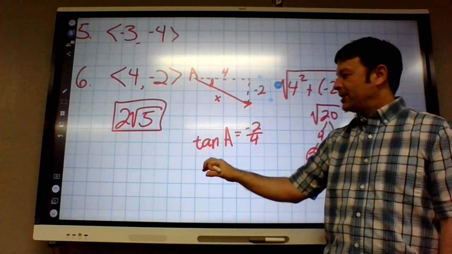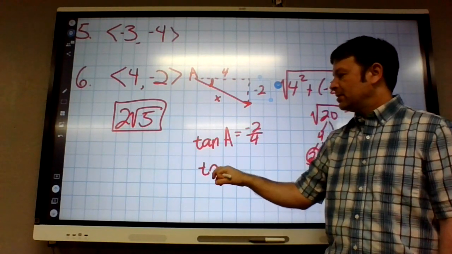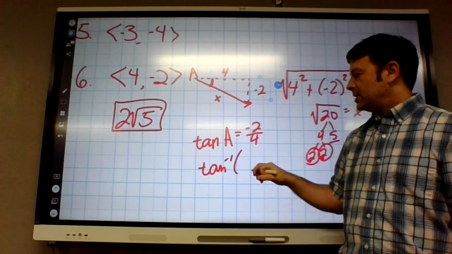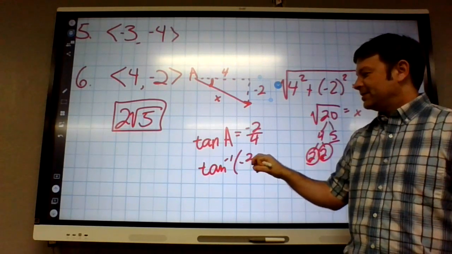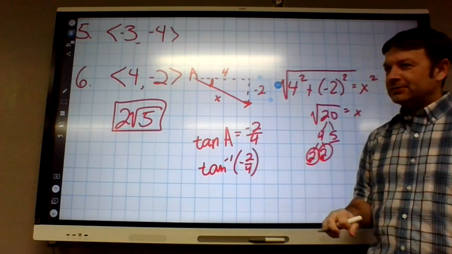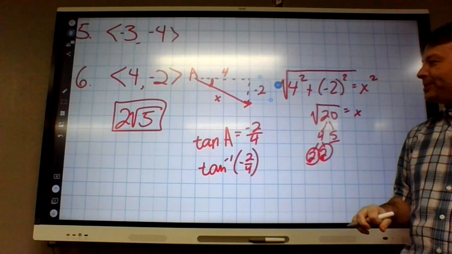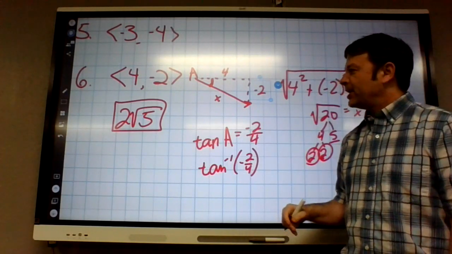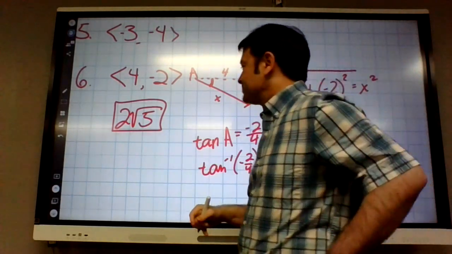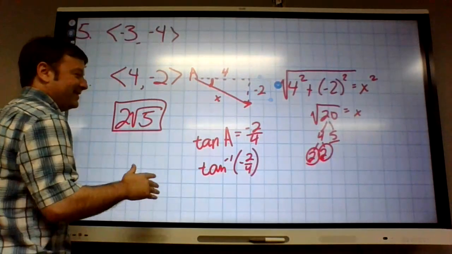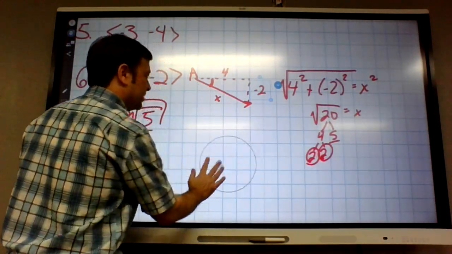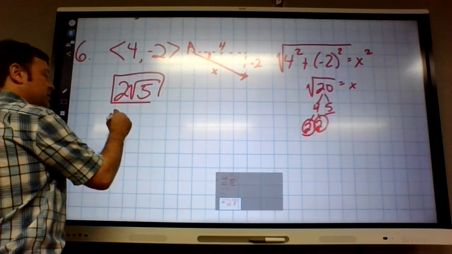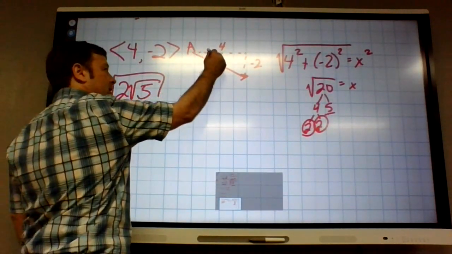So what do we plug in the calculator? Tangent inverse. 26. Okay, 26.6. I'm going to be a little more descriptive.